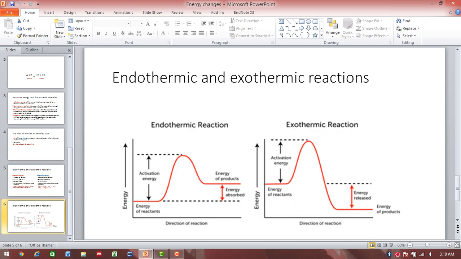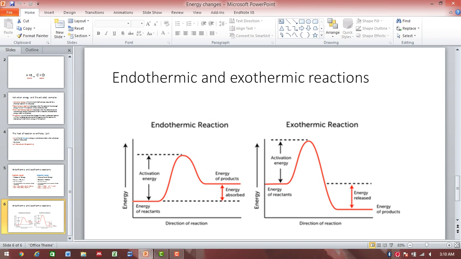Now let's look at the graphical expression of these two concepts, endothermic and exothermic reaction. We know that the energy increases on the y-axis. It increases as you go up the y-axis. Now what happens is that we start with the reactants.